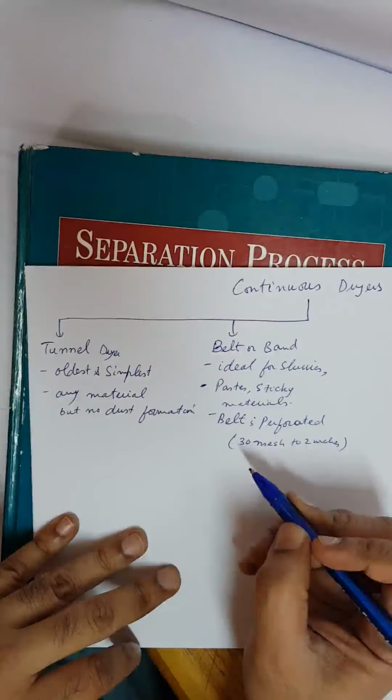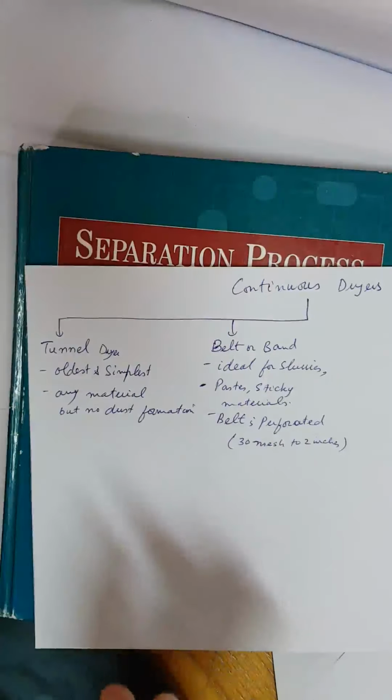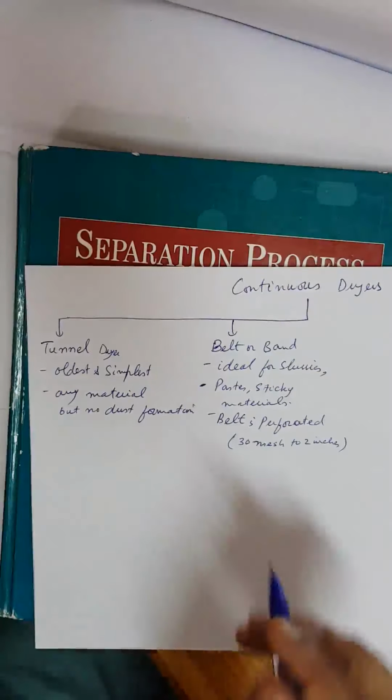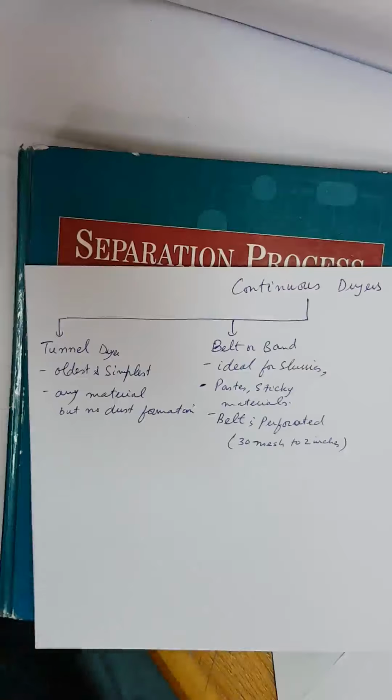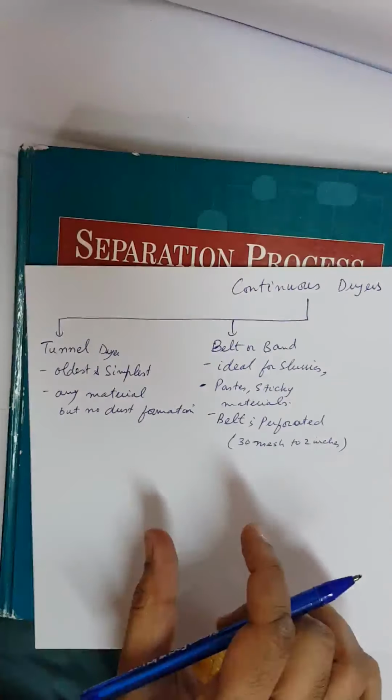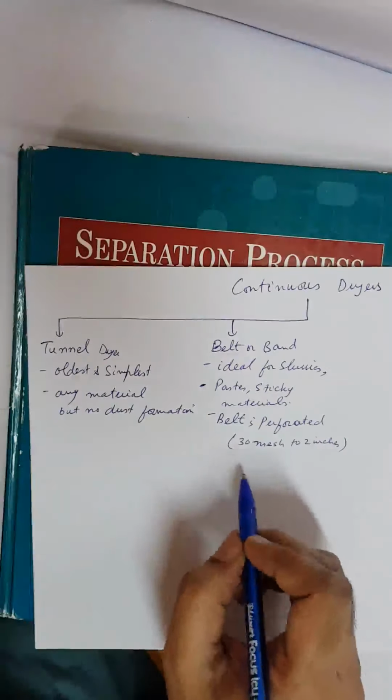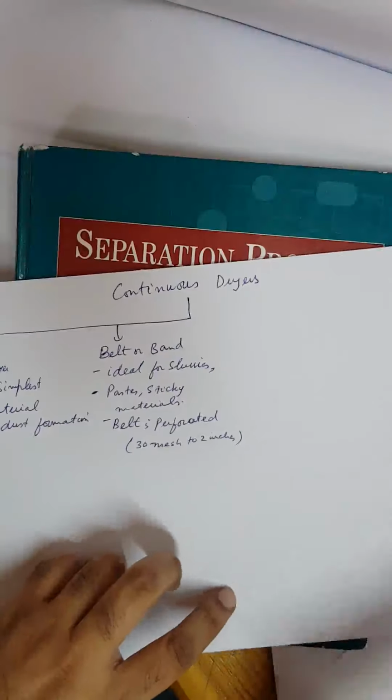Mesh means how many gaps there are in a linear inch. So if there are 30 holes in one linear inch, it means it has 30 mesh.